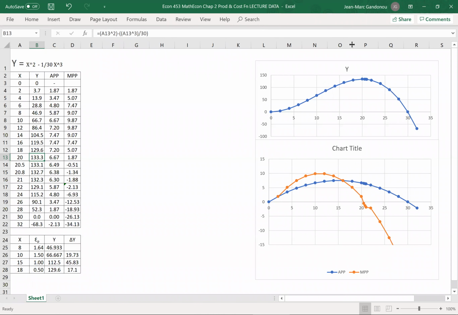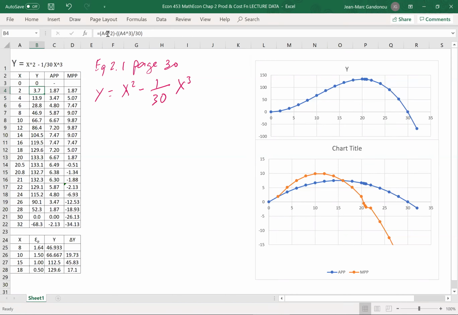So I use equation 2.1 that is proposed in the textbook on page 30, and that equation is y equals x squared minus 1 over 30 x to the power 3. And so that's what you see here.